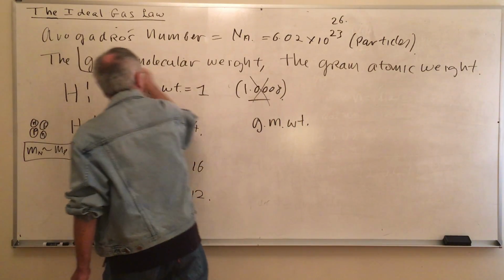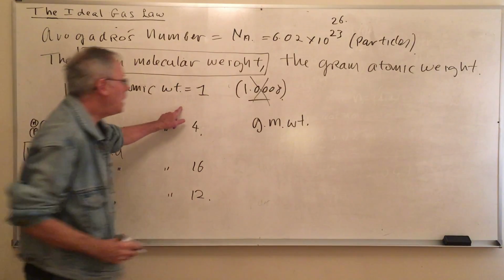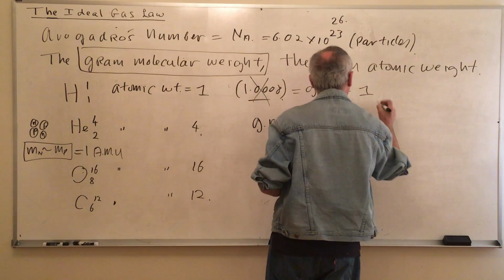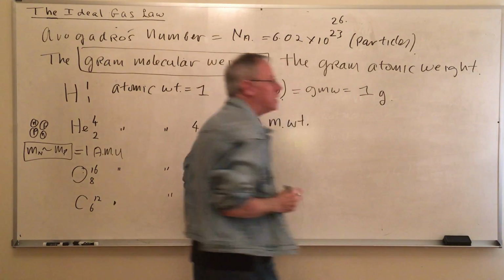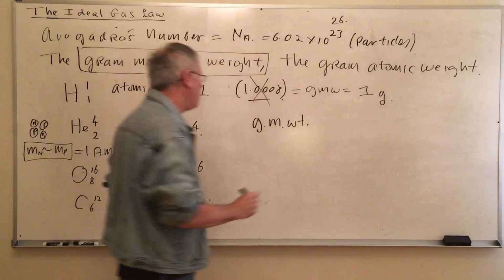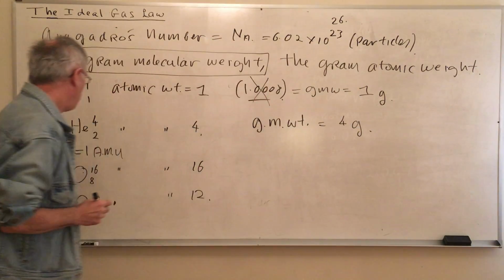Okay, so the gram molecular weight of hydrogen is 1. In other words, the atomic weight is written in grams. The gram molecular weight of helium is 4 grams.